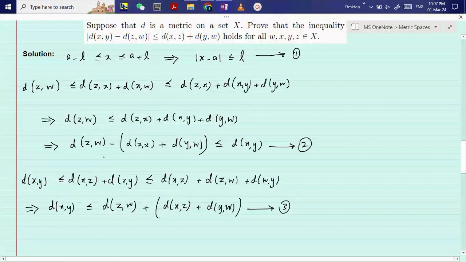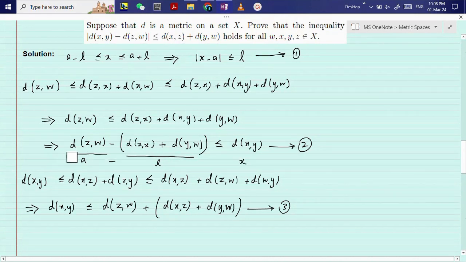So if we see this inequality, a minus l is less than or equal to x. This is our a, and this is our l, which is less than or equal to x.